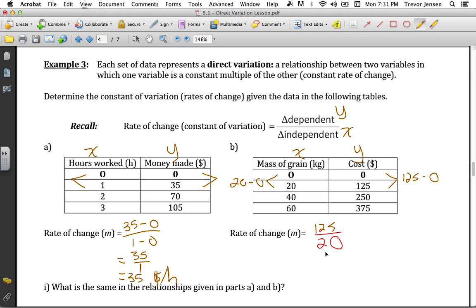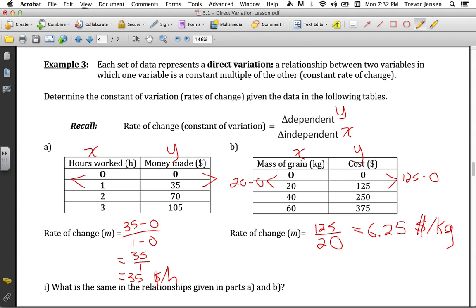So 125 divided by 20, I get 6.25. That means it's $6.25 per kilogram of grain.